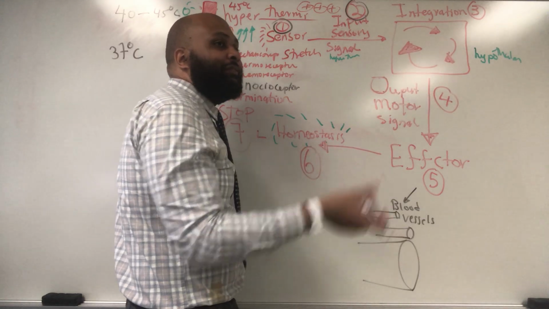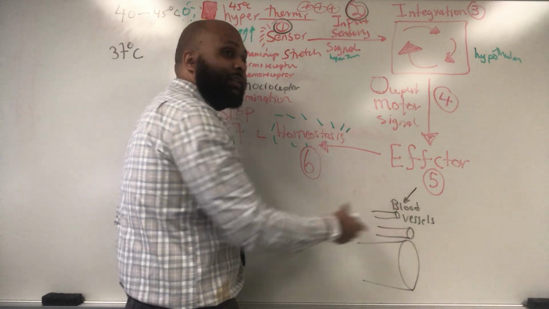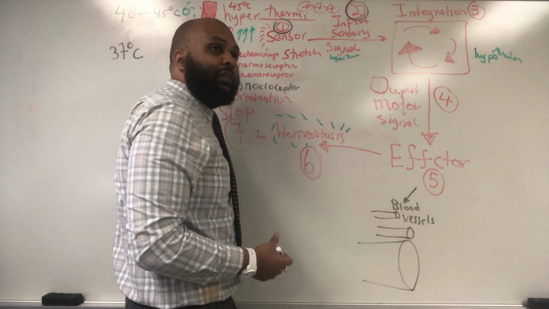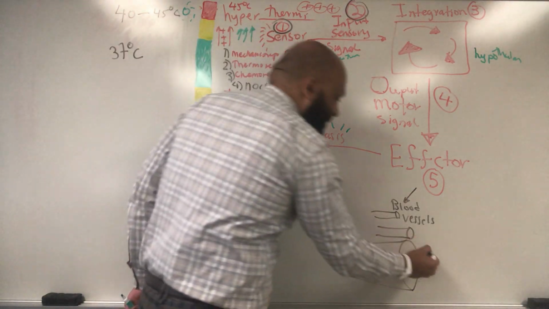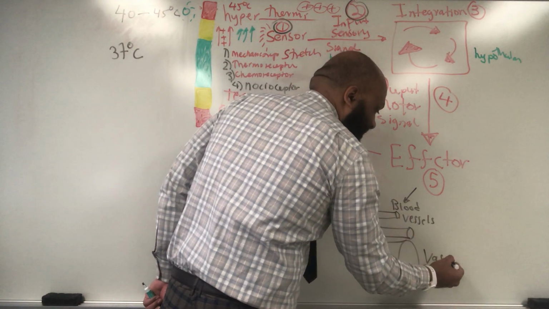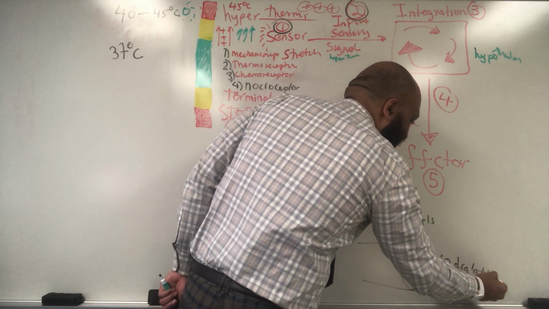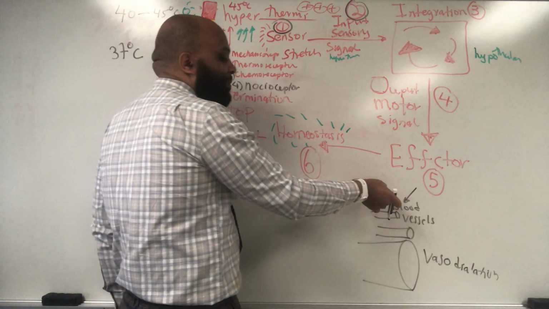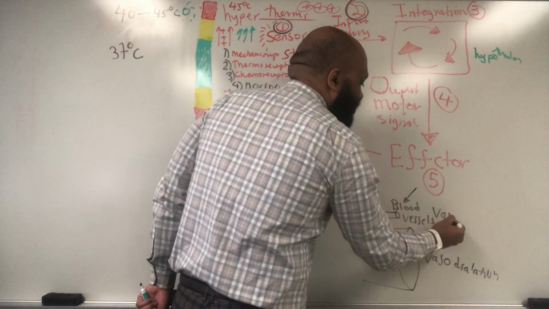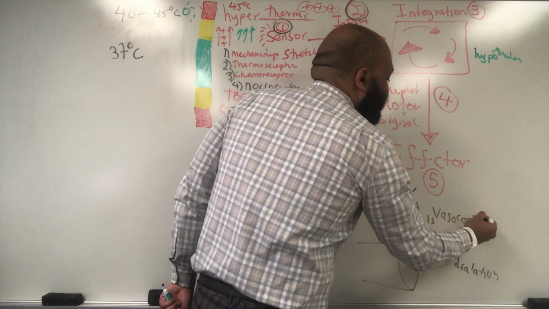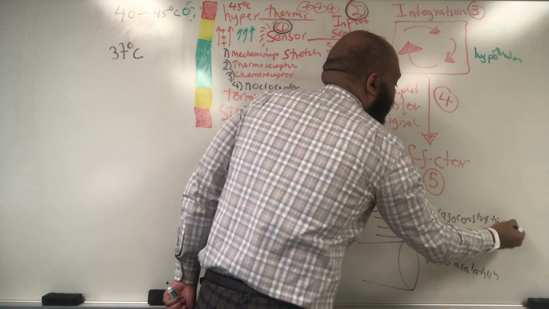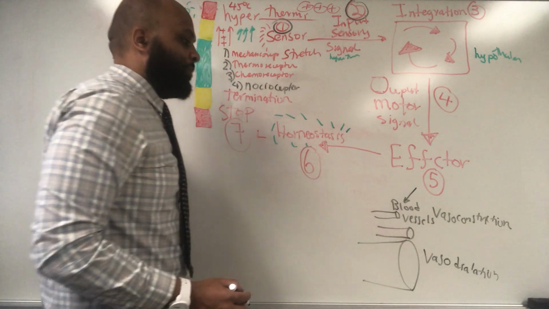Vasodilation, or do we call that vasoconstriction, when we increase the radius? Good. Vaso, because we're dealing with vessels, so we call it vasodilation. And when we decrease the blood vessel, we call that vasoconstriction.